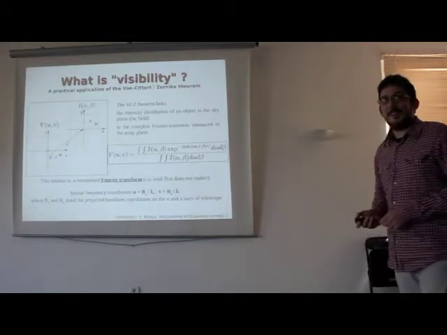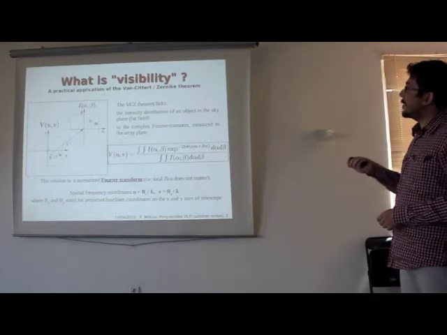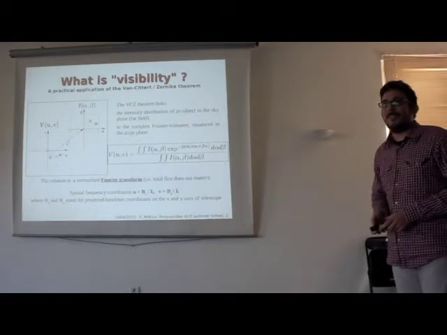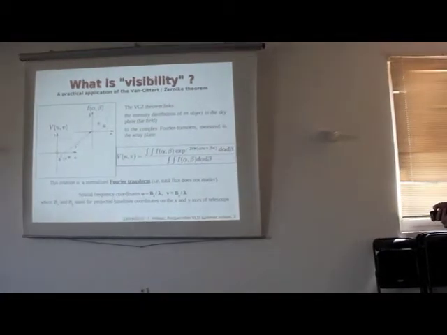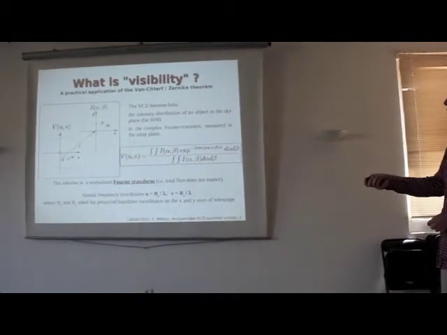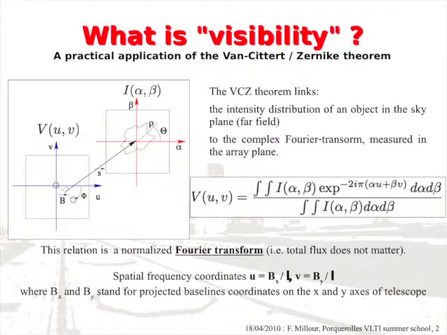So the first thing is, okay, this was already said, what is the visibility? It's a normalized number, which is in fact a complex number, which goes to 1 when the spatial frequency goes to 0. And it's an application of the Van Cittert-Zernike theorem.